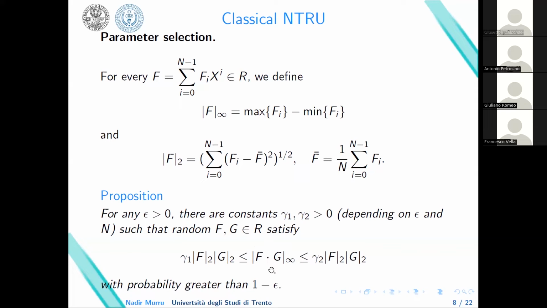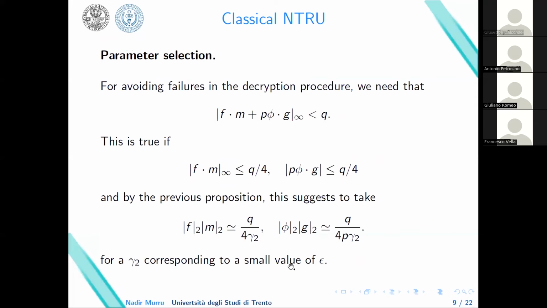This proposition is important because it gives this relation between the norm at infinity of the product of these two polynomials and this squared norm. And in particular, we have this bound for the product of this polynomial with respect to the norm at infinity.